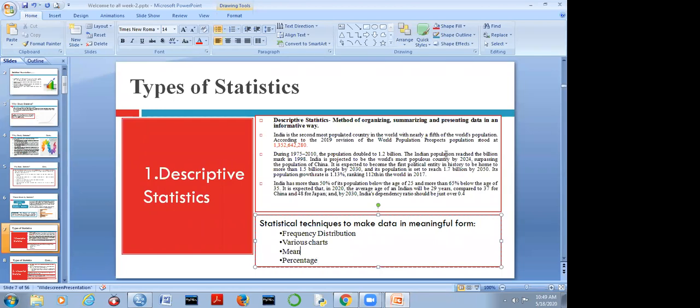But if it is just information, that is descriptive statistics. For descriptive statistics in this informative way, we will not apply any statistical tool. But when we want to apply a statistical tool, we arrange this data in some tabular form.